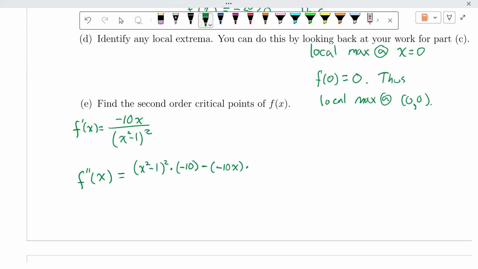And then I have to take the derivative of x squared minus 1 squared, but that looks too, so I'm gonna write this and say, promise to the future, take the derivative of that. All over an x squared minus 1 squared squared. There, easy peasy lemon squeezy.